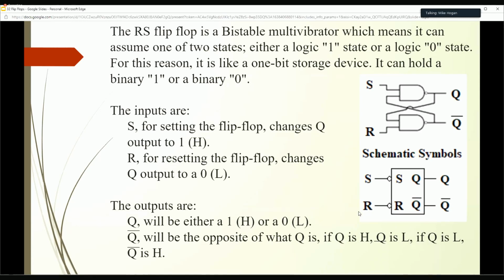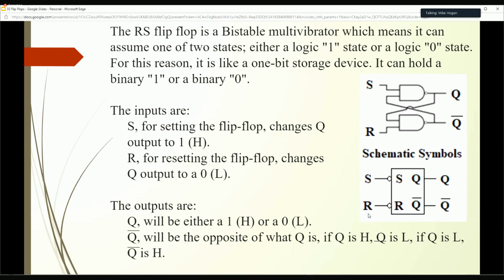The best way to think about that is that when I have an active input on set, that's going to give me a 1 on Q. So if I set, the output Q is going to be a 1. Now, I have my outputs of Q and Q not. If Q is 1, then Q not is going to be the opposite state. So if Q is 1, Q not is going to be a 0.